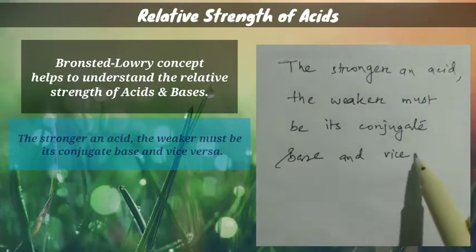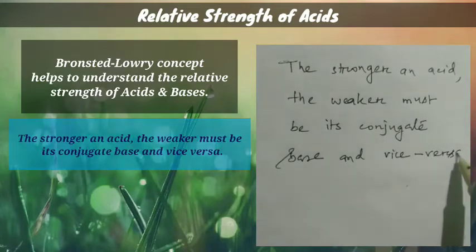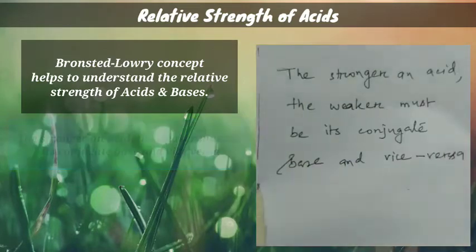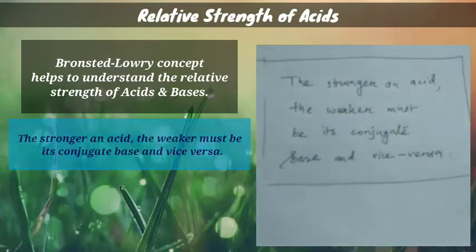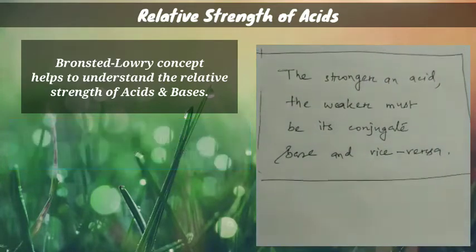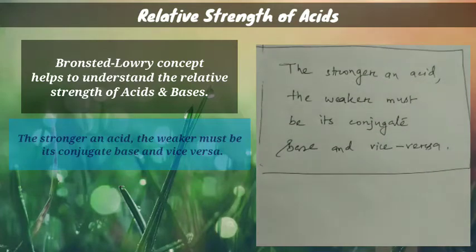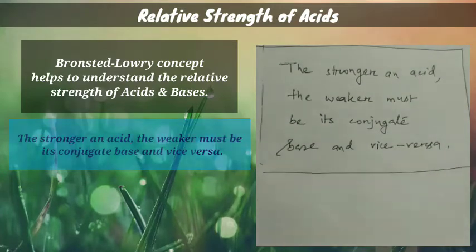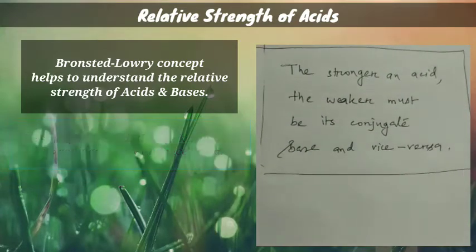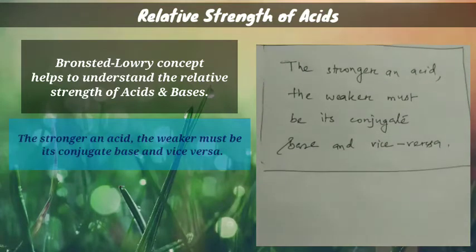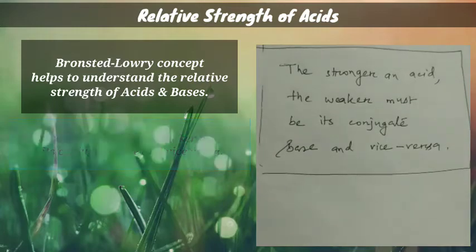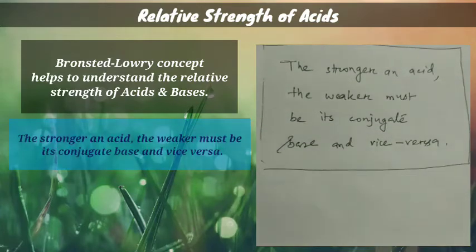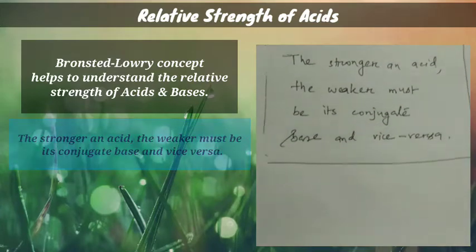Understand? This is the main concept. If you know the strength of one acid or one base, then you can have an idea about its conjugate base or acid. If the acid is a strong one, then its conjugate base will be a weak base. Clear?